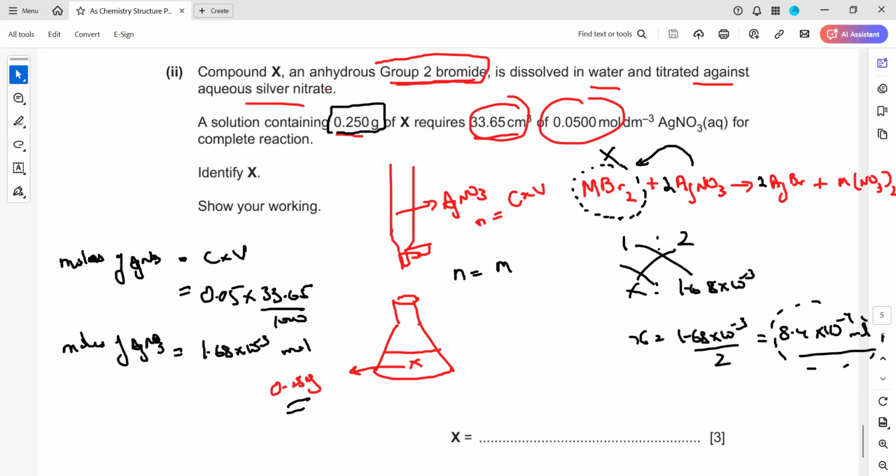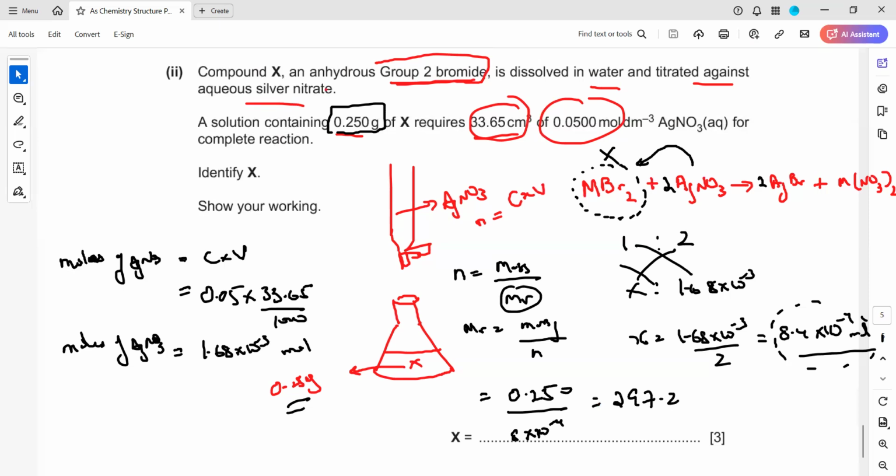Moles equal mass in grams divided by the molar mass, so I can find the molar mass by dividing the mass in grams by the moles. The mass was 0.250 and the moles of X are 8.4 × 10^-4. When we divide, we get 297.2 grams per mole. That's the unit of the molar mass.